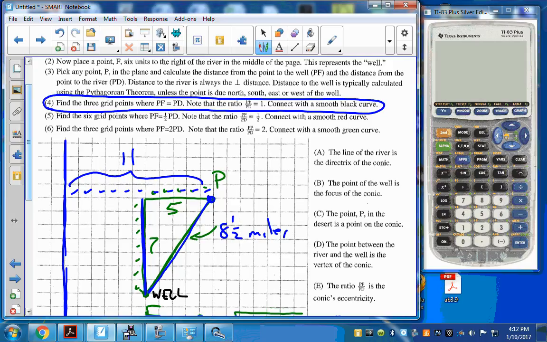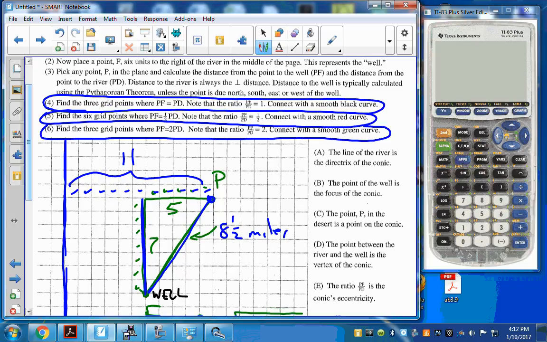I'm not going to ask you to send that in digitally. You're going to bring it into class on Thursday. A hard copy with a black line through it. And then there's going to be a red line, right, where PF is half of PD. And then there's going to be a green line. You can use blue, I suppose, where PF is 2 PD. Okay, so work on that.